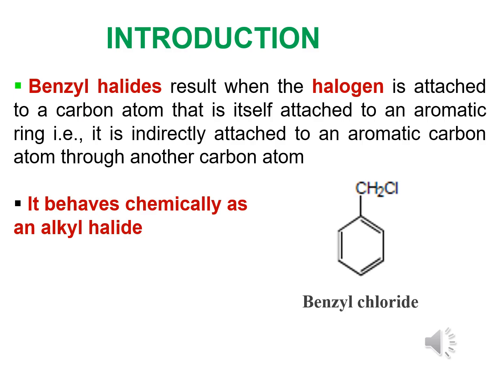Remember, when this halogen leaves, we have a benzyl carbocation. This benzyl halide behaves chemically like an alkyl halide because the carbon on that halide is sp3 hybridized, while the carbon in benzyl halide as a compound is sp2, because benzene is an sp2 hybridized compound.